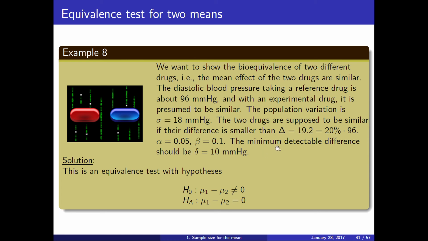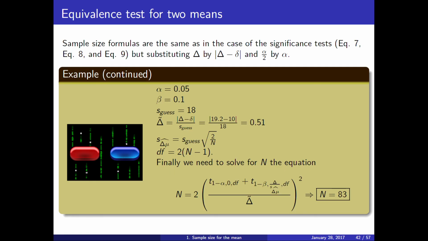So the minimum detectable difference, this is the tolerance of our previous example, is 10 millimeters. So again, our equal sign is now in the alternative, so we will have two tests, one on the left, one on the right.